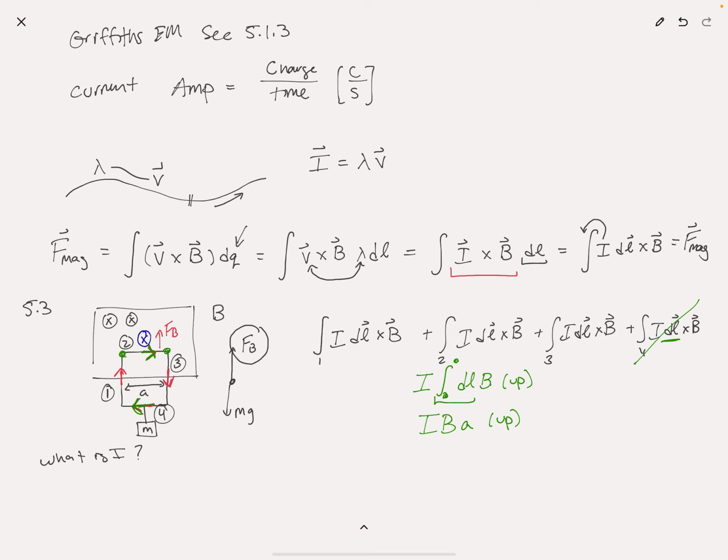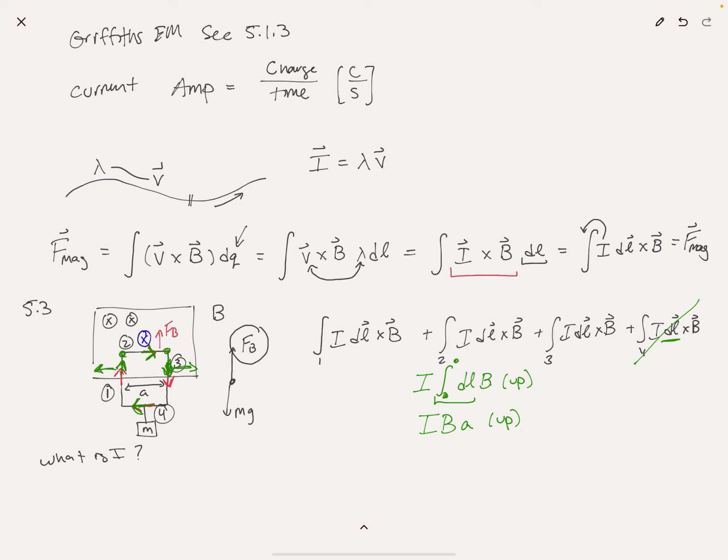Now let's do 1 and 3 at the same time. If I were to walk somewhere along this piece of the wire, I would get a force that points this way. Likewise, if I walk along some part of this wire, I do the right-hand rule, and I get a force this way.